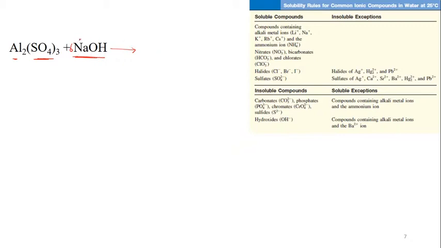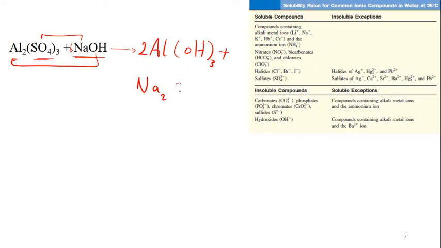The result of this metathesis reaction is that sodium will be sodium sulfate and aluminum will be aluminum hydroxide. So I will have 2 aluminum hydroxide plus 3 sodium sulfate. Now I balance my chemical equation.